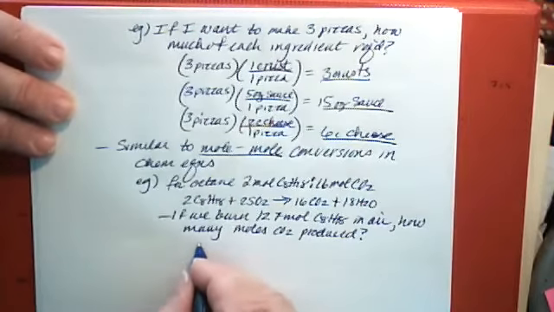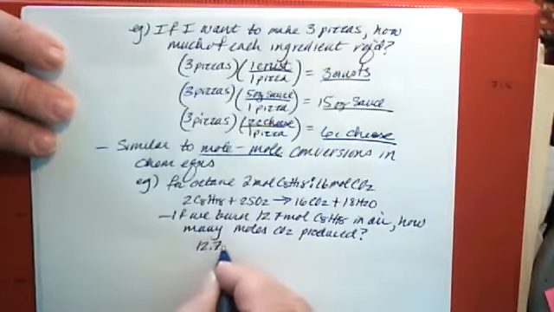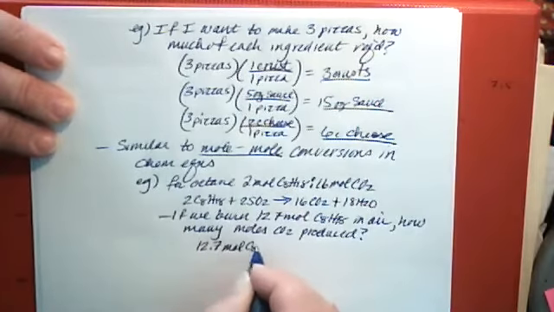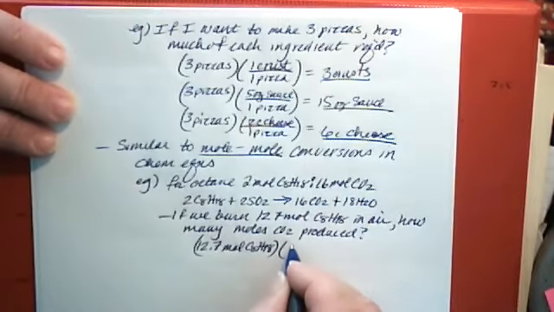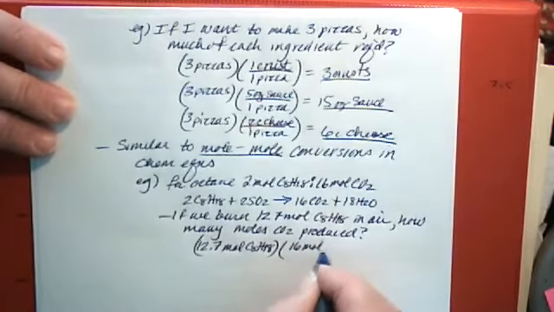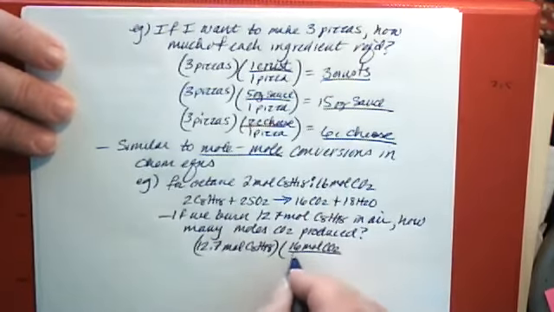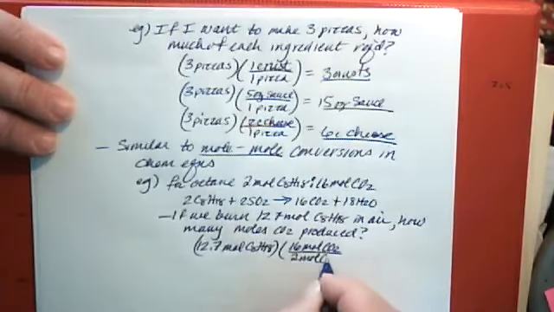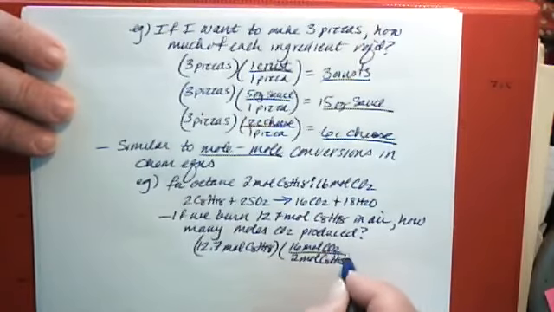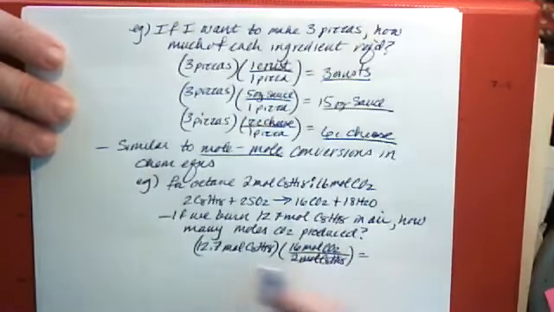Okay, so if we know that we're burning 12.7 moles of octane, and the equation tells us that we get 16 moles of CO2 for every 2 moles of octane. Notice that moles of octane as a unit cancel out.